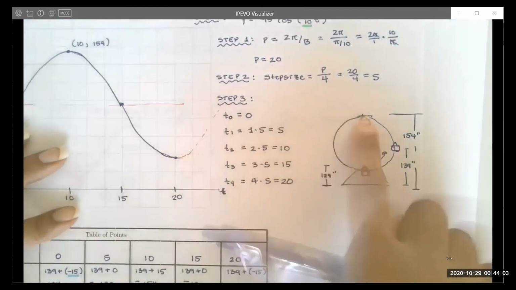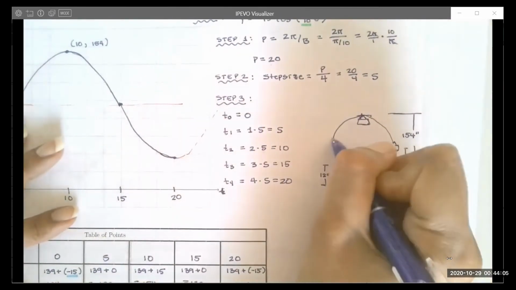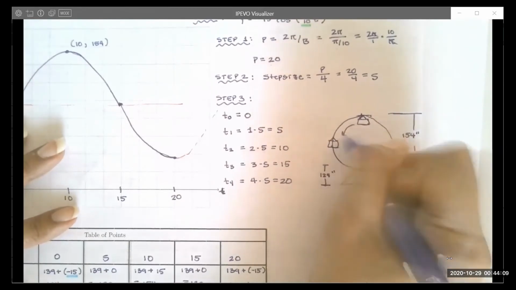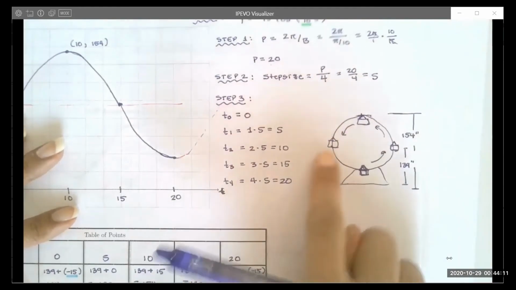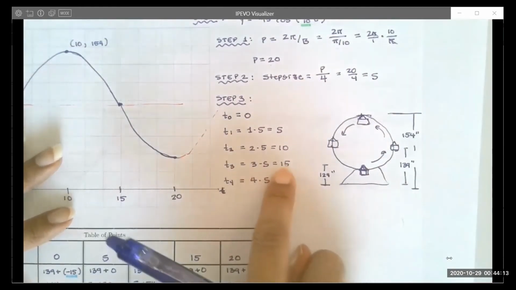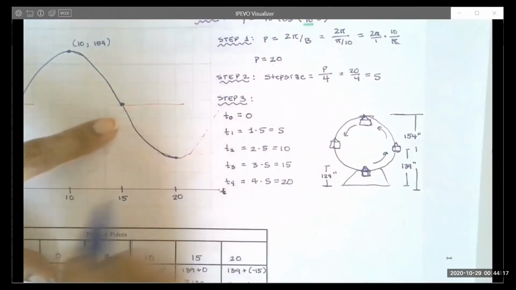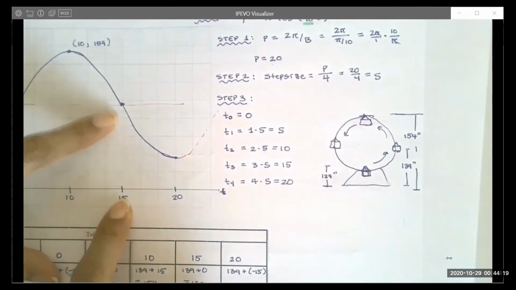Then once you've reached the largest possible height, you're gonna come back down at 3/4 of the way through the ride, which happens at 15 minutes, and you're back at this height of 139, and we can see it here on the graph at minute 15.